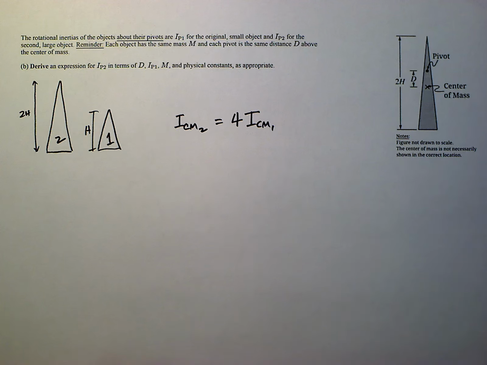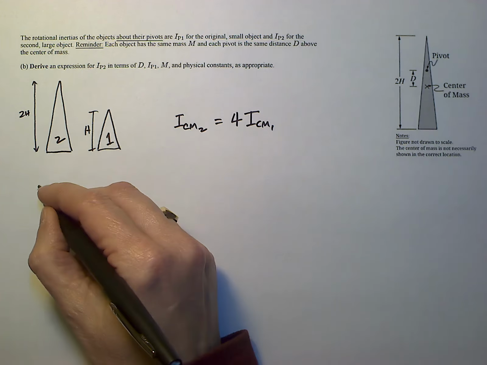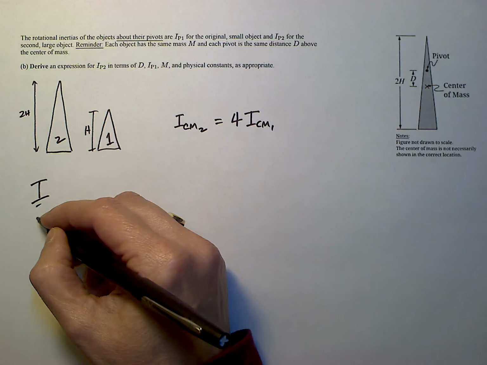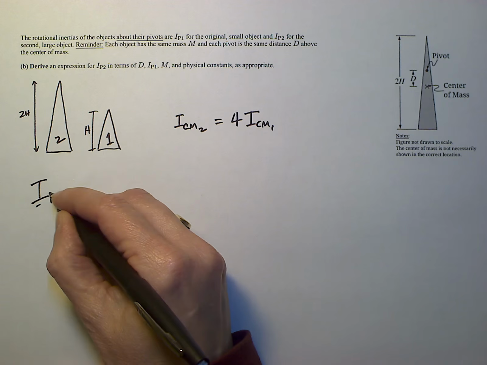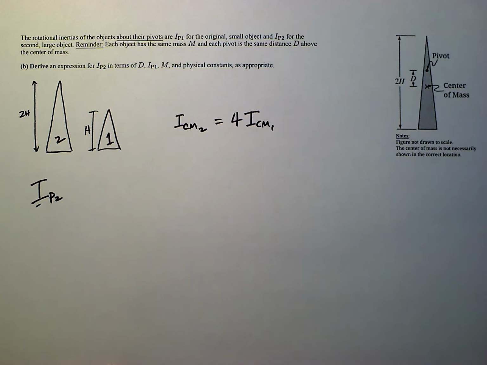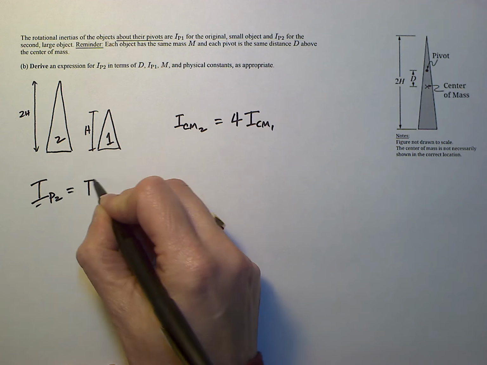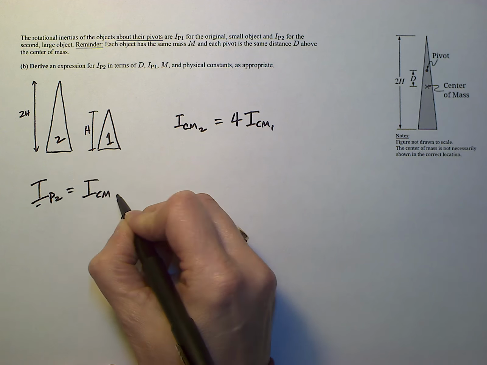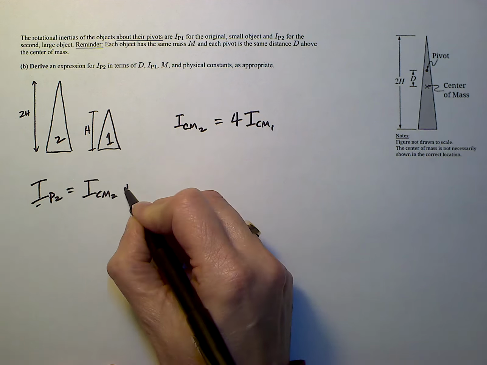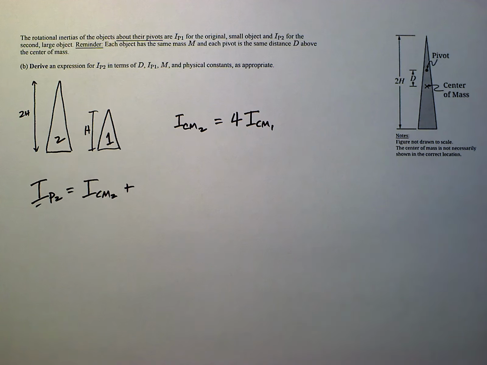Okay, and now I can think about the fact that I about point P for object 2, that would be I about the center of mass for object 2 plus the shift.